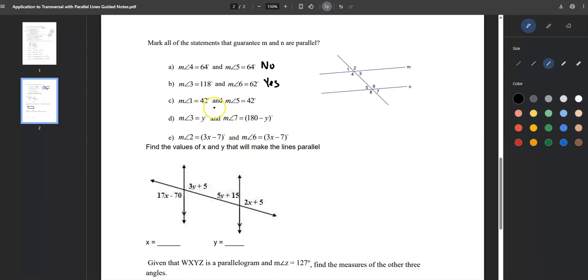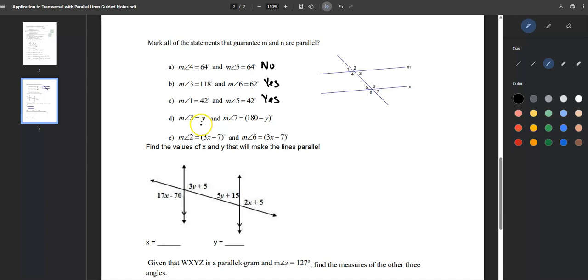Okay? 1 and 5 are corresponding, so they should be equal to each other as well. And 42 and 42 are equal, so this would be a yes. That is the right information that I have for that one as well. If I'm looking at 3 and 7, they should be supplementary, so I should be adding those up to give me 180.